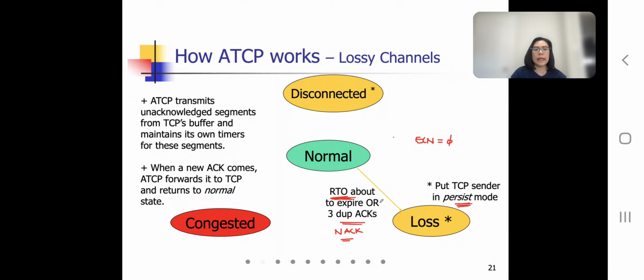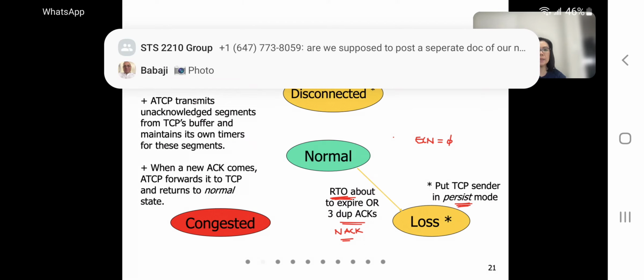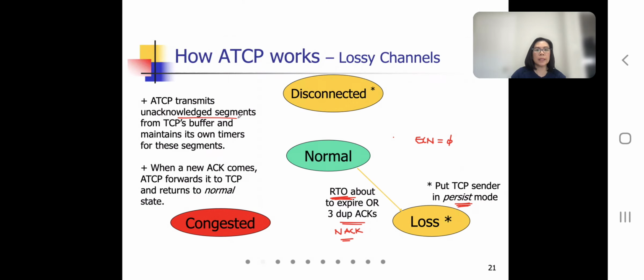So in that case, ADCP will put TCP in persist mode. That means TCP doesn't have to do anything. ADCP will transmit the unacknowledged segments from the TCP buffer. So that means ADCP will retransmit the packets that have timed out, or this packet here.